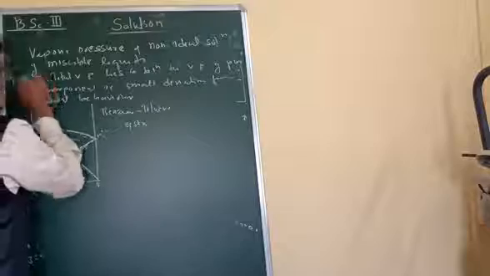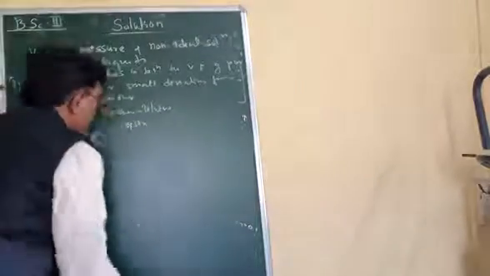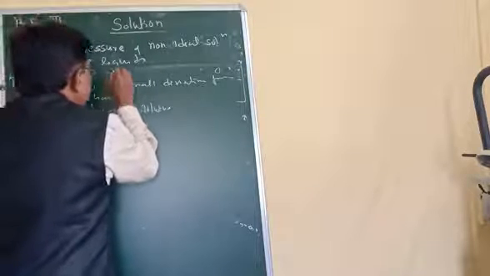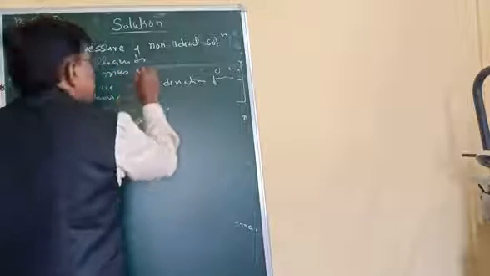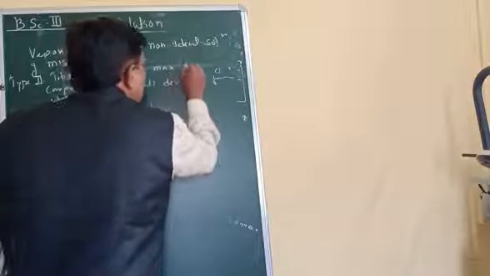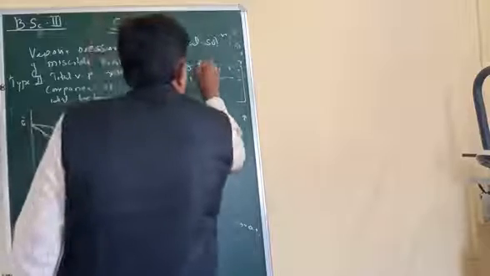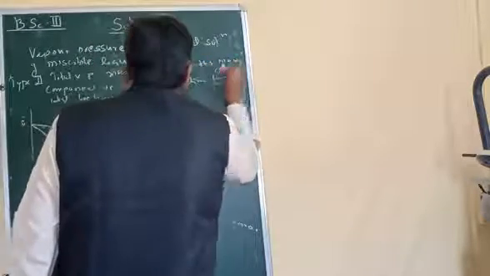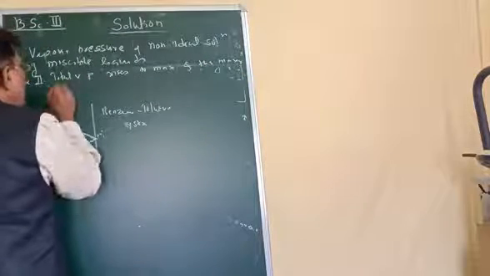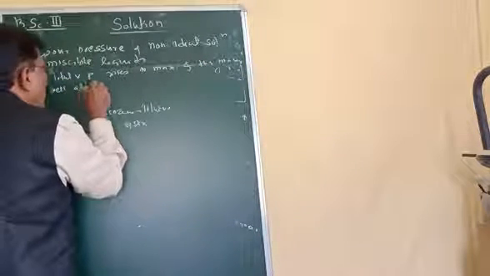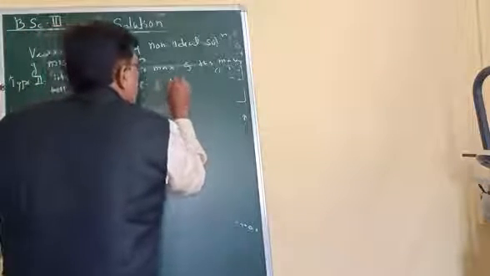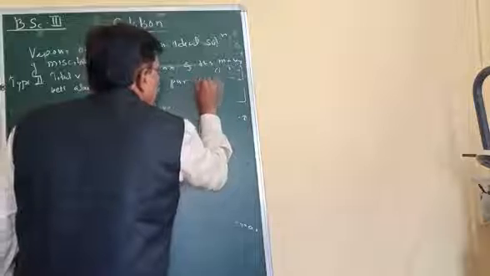Type 2, total vapor pressure rises to a maximum, and this maximum is well above the vapor pressures of pure components.